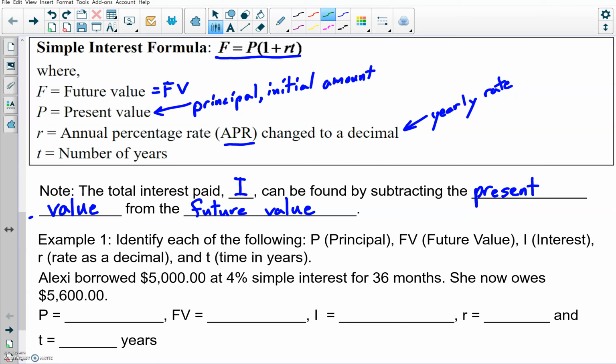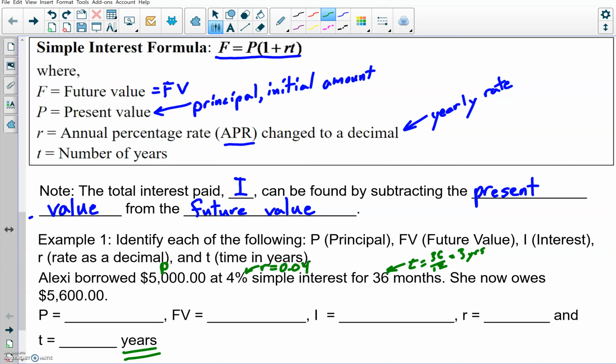Well, borrowed, past tense, or the original amount was $5,000, so that's the P. 4%, that's going to be your rate all day long, so we got to convert to a decimal. 36 months, I would normally like to say that's the time, but time is going to be in years. So we need to take 36 divided by 12 and get 3 for years.